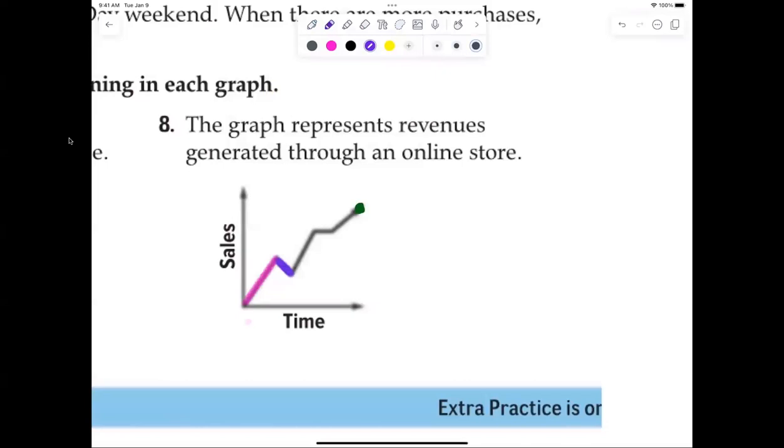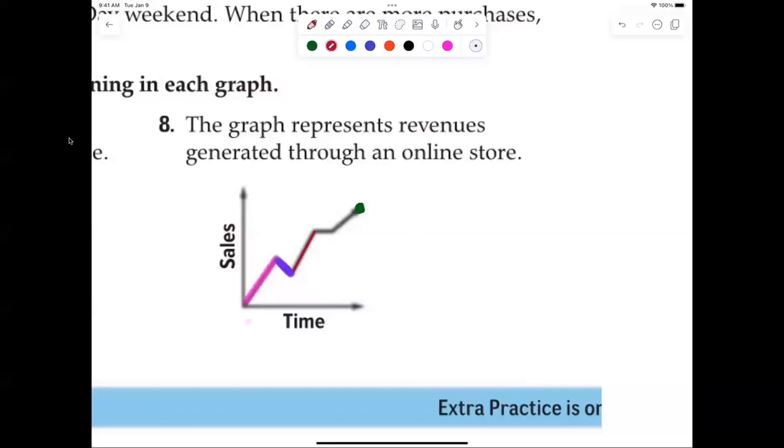They're going down, but do they still have sales? But the sales just what? Aren't as what? They're not as good, right? Does everybody agree with this? All right. So then, what happens next? Let me find a good one. All right, so from here to here, the sales start to what? They start to go up again, right?